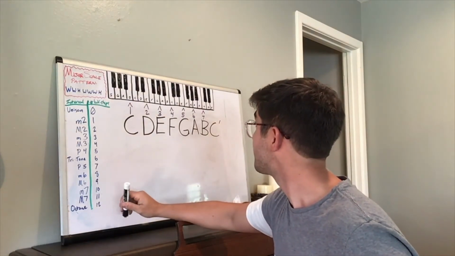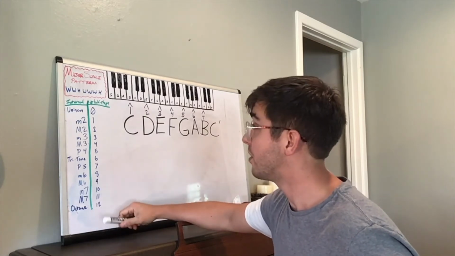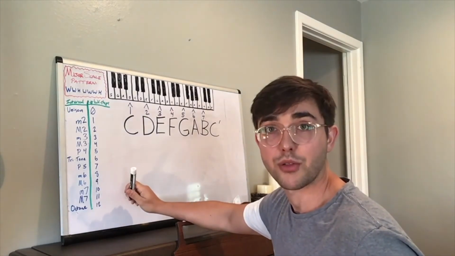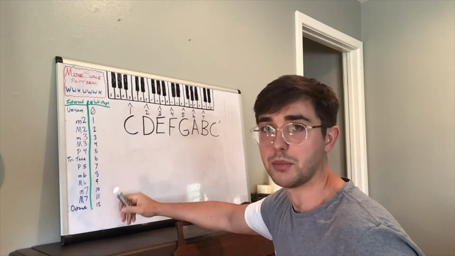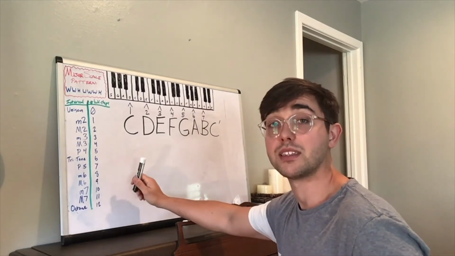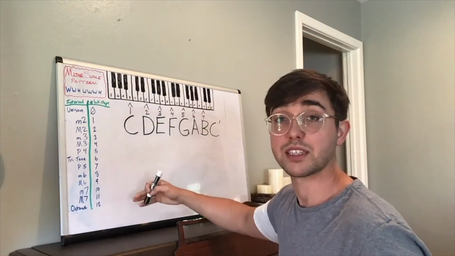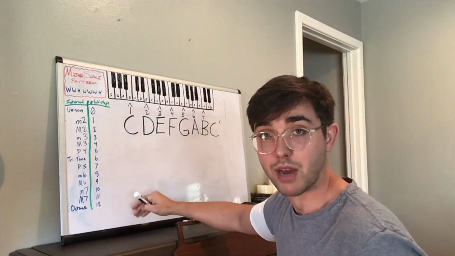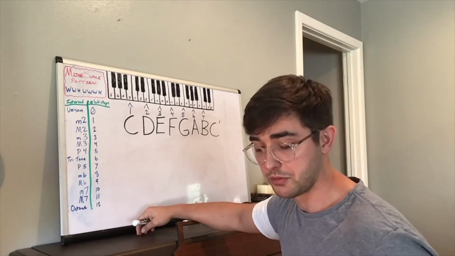So what are the instances that we have other types of qualities and intervals, even in the major scale? Well, when we start from another note other than C, or if we do these intervals going in the opposite direction, that's when we get minor intervals.